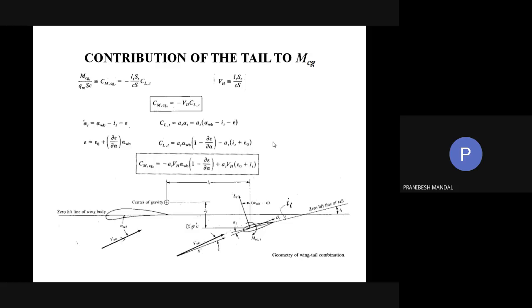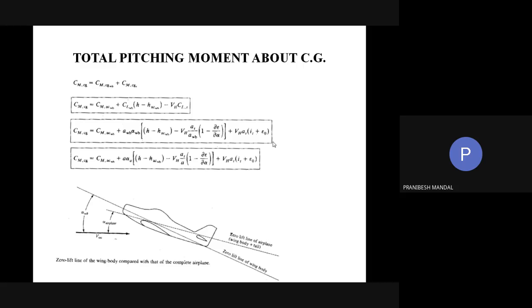So this CMCG-T will be added to the CMCG wing body to get the total contribution of the wing body as well as tail about the CG. And that will have the equation to be this particular thing. Just we have summed up the two and kept it here.